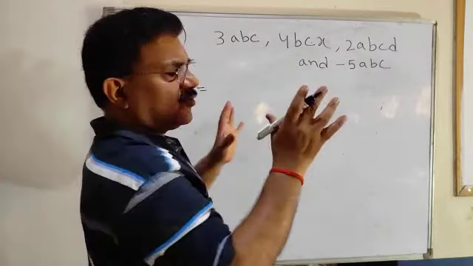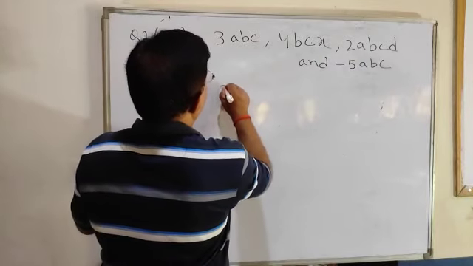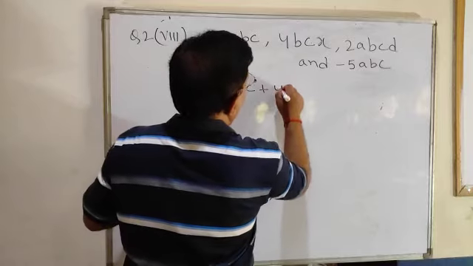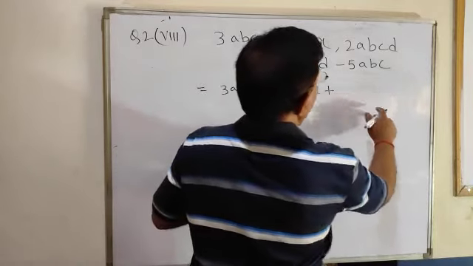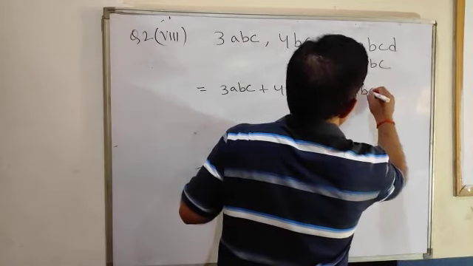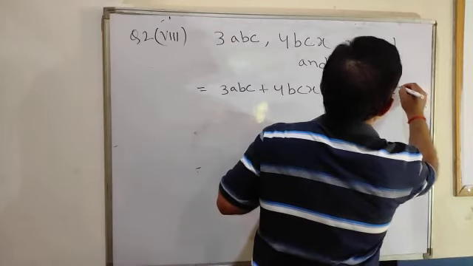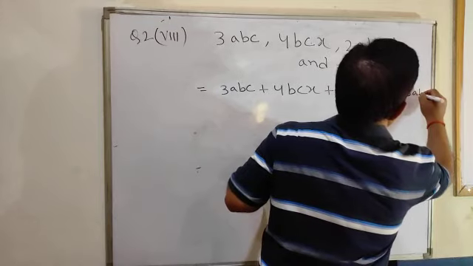and let us put the sign of addition. Sum we have to find. So 3ABC plus 4BCX plus 2ABCD, and plus and minus sign, minus 5ABC.